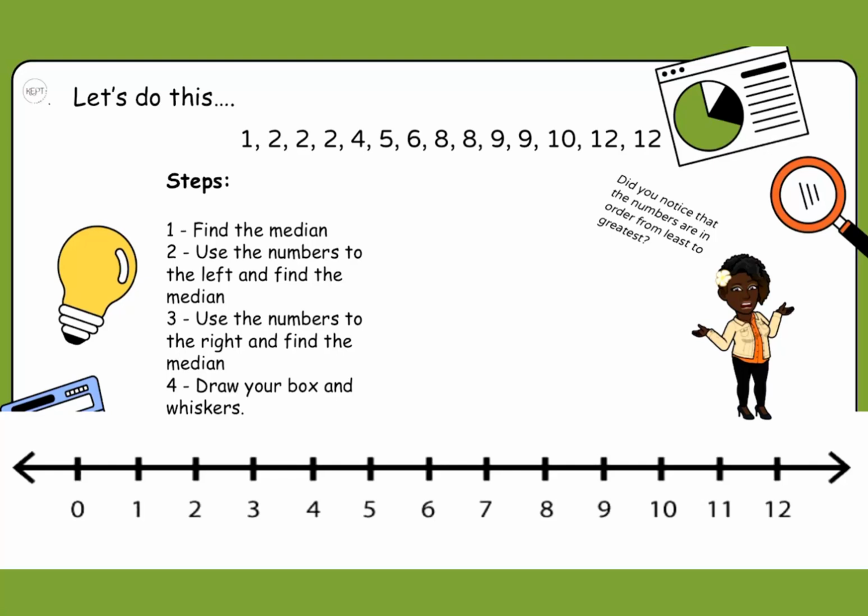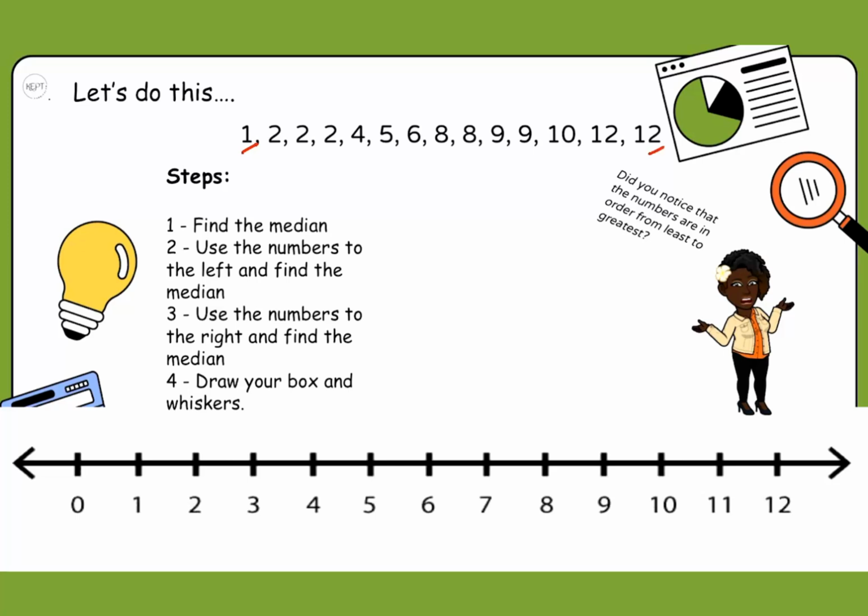The first step is to find the median. So we're going to mark off our highest and lowest numbers so that we can find our middle number. We mark off lowest, highest, and so on, and we see here that we have 2 numbers that are in the middle.